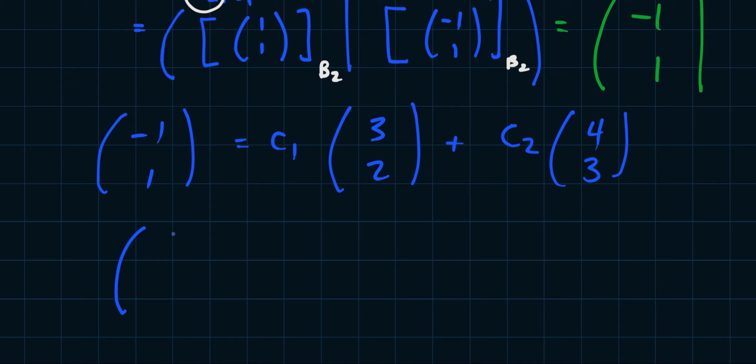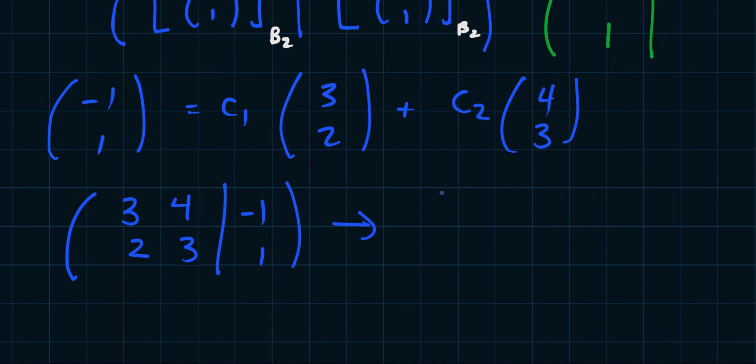It's the same thing that we did before. In fact, you can use all the same row operations here. The only difference is this column. So I'm going to subtract row 2 from row 1, and I get 1, 1. This is going to be negative 2, 2, 3, 1.